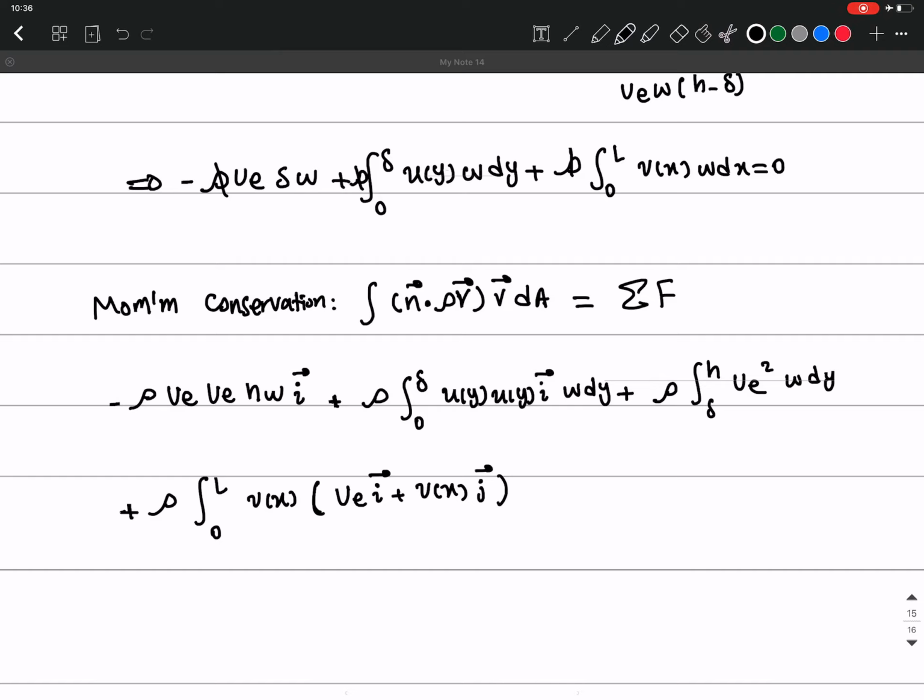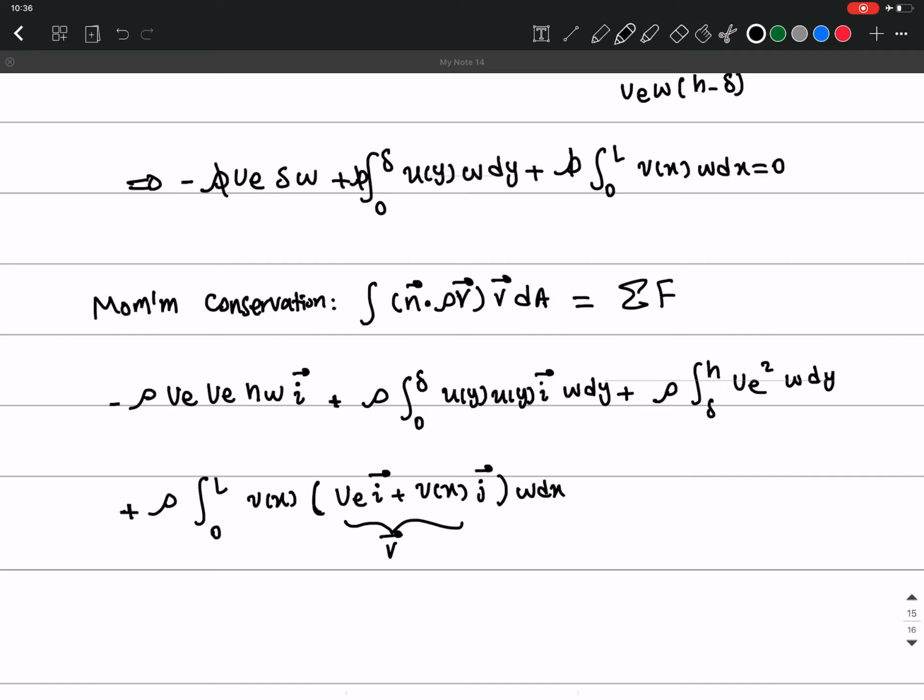So this is the total velocity vector that is coming from here. So this is what I'm writing here. Okay, and this is just Vx. Okay, and then multiplied by W dx.